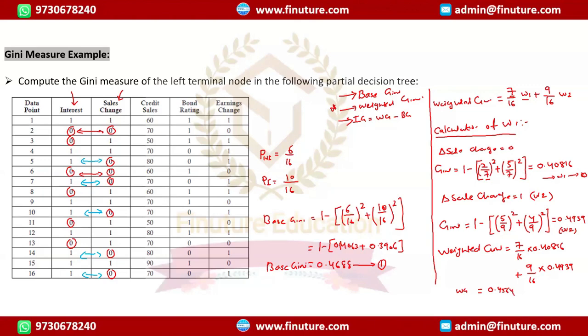So now this is my weighted Gini. Now what I'll do, I will just subtract like this. I think over here I just wrote it the other way around. It is base Gini minus weighted Gini. So this information gain finally that we are interested in is this base Gini when you had one dimension, that is interest. So it is base Gini 0.4688 minus 0.4564.